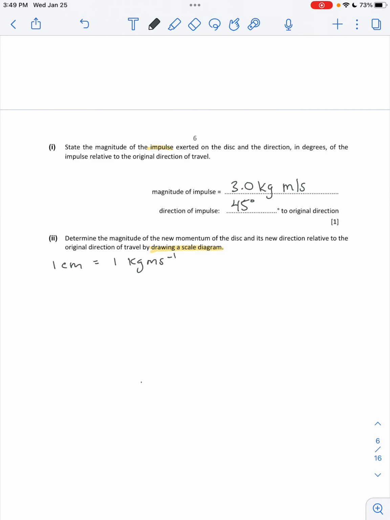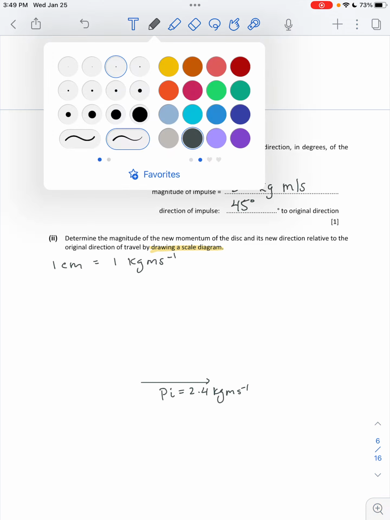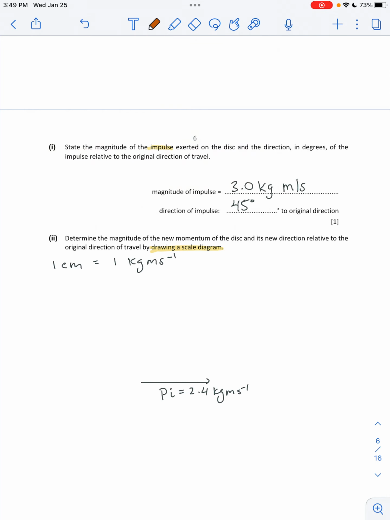So when you draw it, your initial momentum is going to go towards the right, because that's your initial travel. And you could call it PI, or you could label it 2.4 kilograms meters per second. And then we have our impulse. So this is the amount that you are adding onto your initial amount.